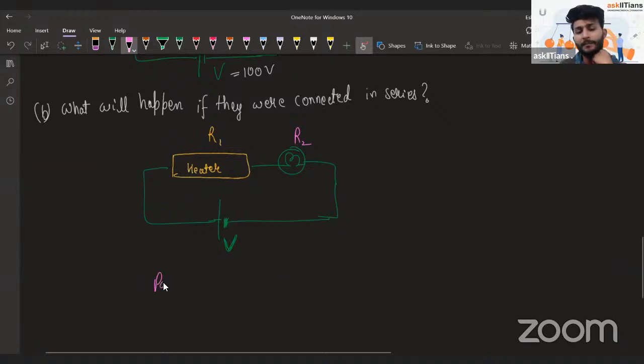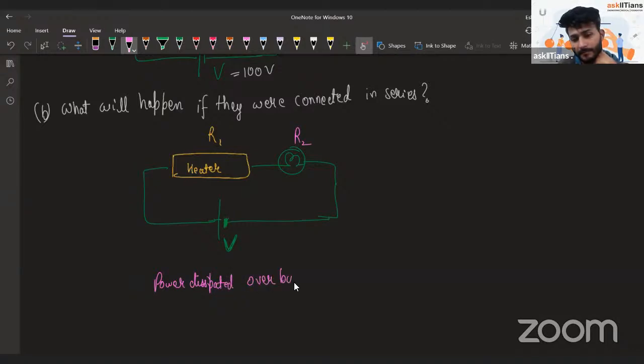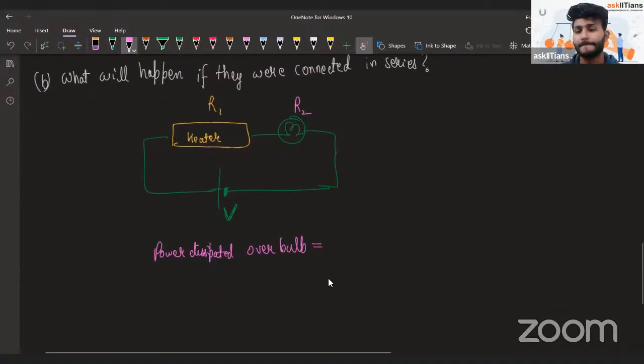So what are you going to write as the power dissipated on the bulb? What formula are you going to use this time? V square by R or I square R?